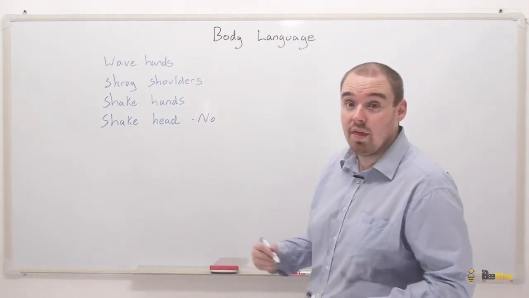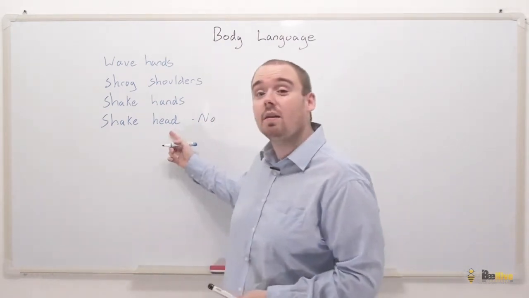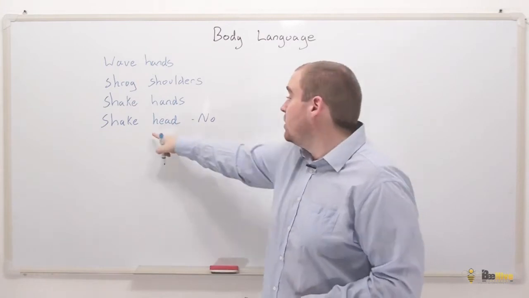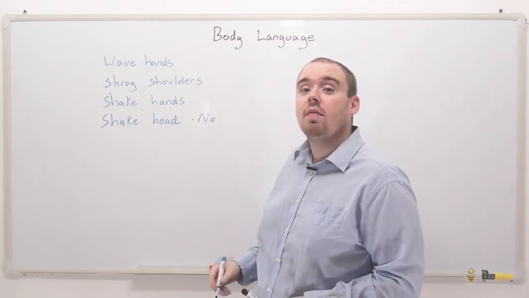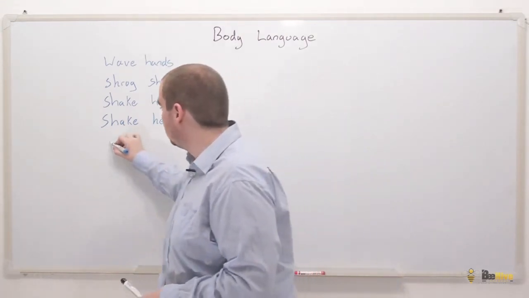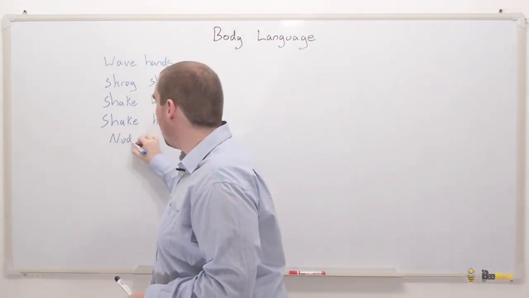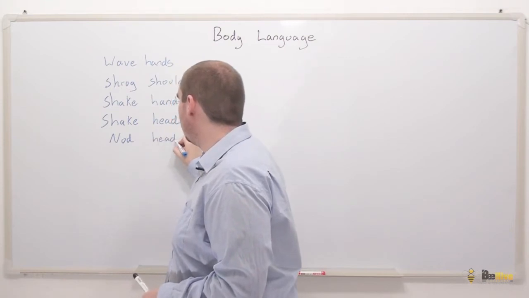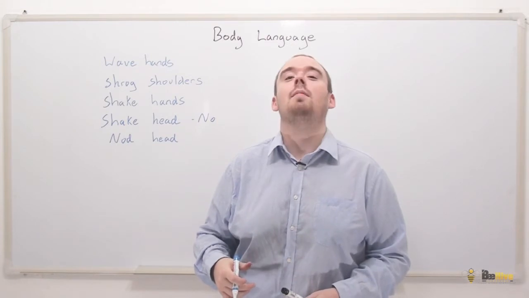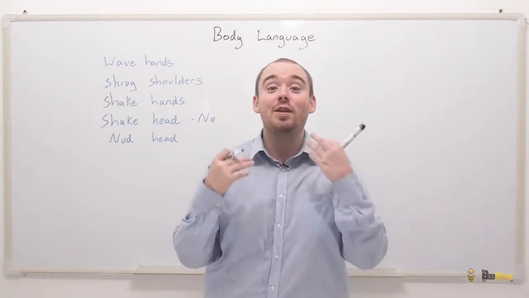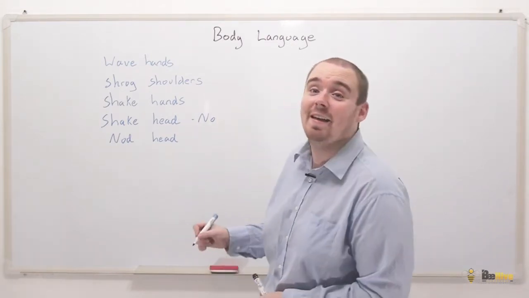We also then do something else with our head. If shake our head is no, then we can also nod our head. And this is when we go up, down, okay? So we nod our head to say yes.